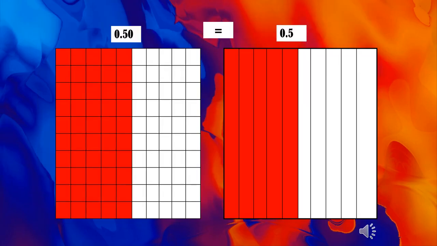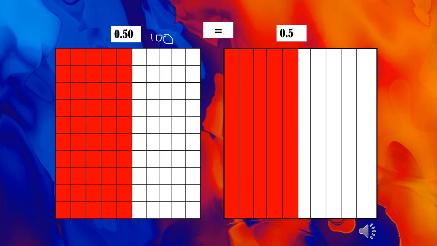So we have 0.5 and 0.50. Are they the same? Let us count. This grid contains 100 squares.